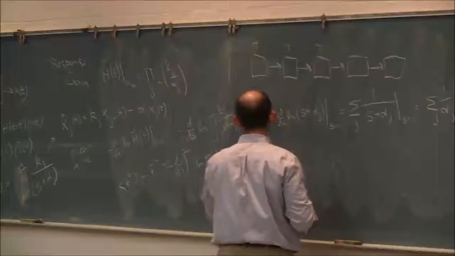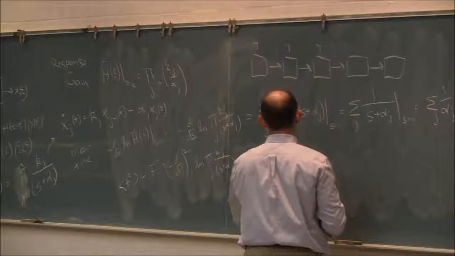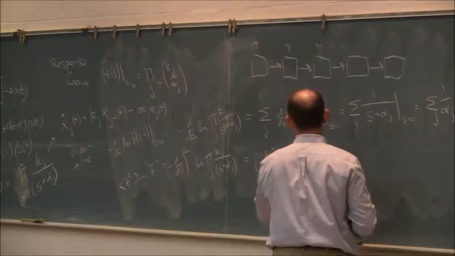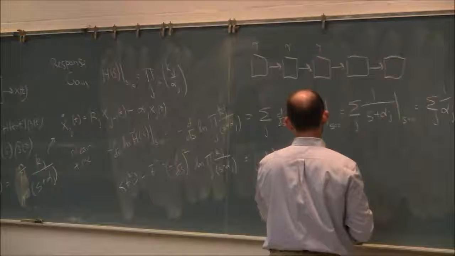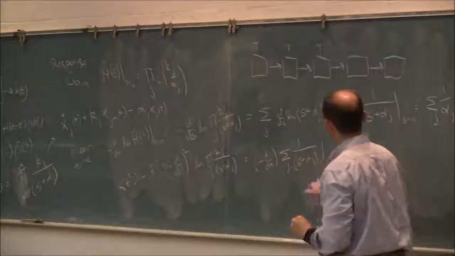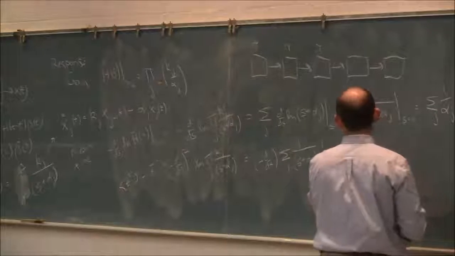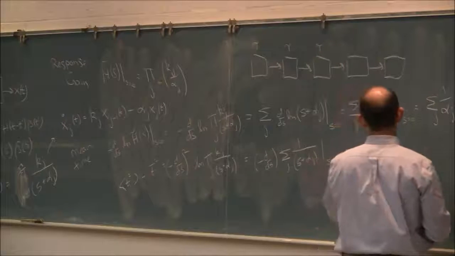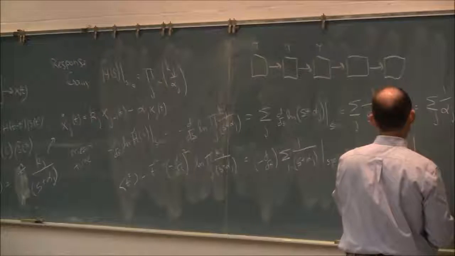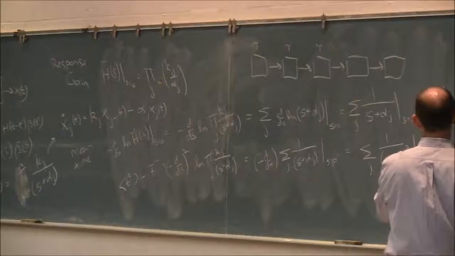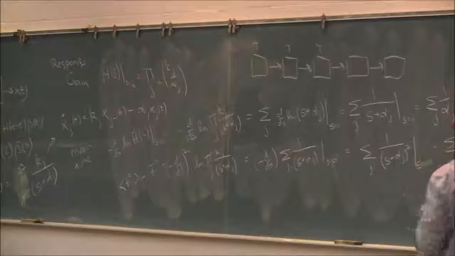So it's equal to minus DDS of the sum over J, 1 over S plus alpha J, evaluated at S equals 0. So now we just have to go term by term and take one more derivative. So this is equal to the sum over J, 1 over S plus alpha J squared at S equals 0. So it's sum over J, 1 over alpha J squared.